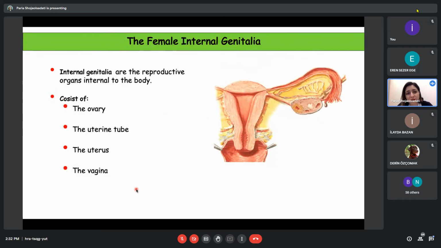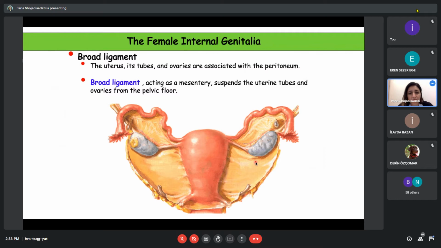Let's take a look at the internal genitalia, or internal genital organs. They start with the ovary, passing through the fallopian tube or uterine tube, and ending at the level of the uterus and vagina. We have different ligaments that fix the internal genital organs inside the pelvis in a specific position.